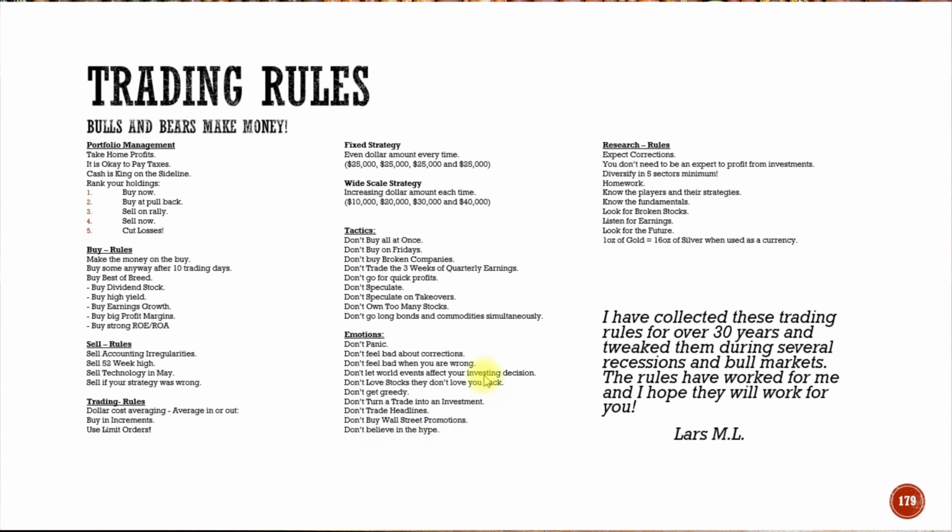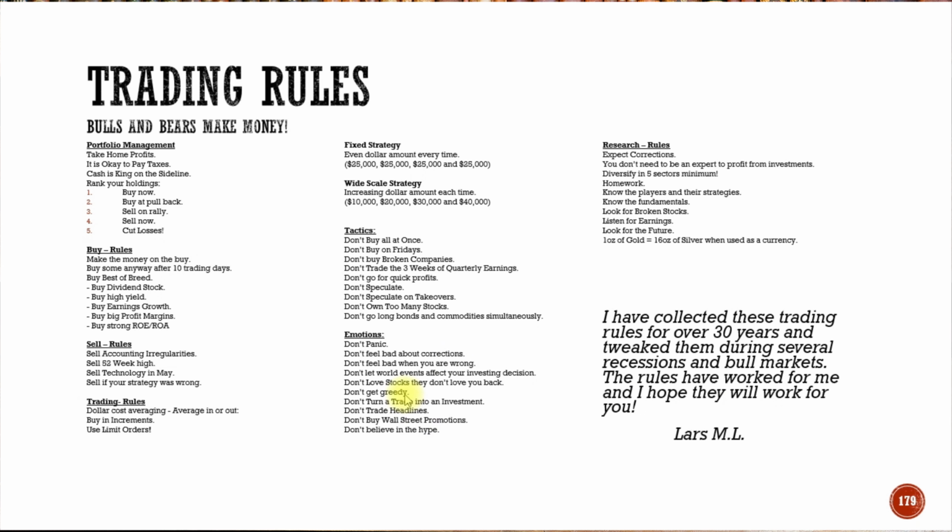And then I have a bunch of emotional rules that keep me sane in an insane world at times. One, don't feel bad when you're wrong. Bad things happen. You can always exit out and move on. And don't feel bad about corrections.